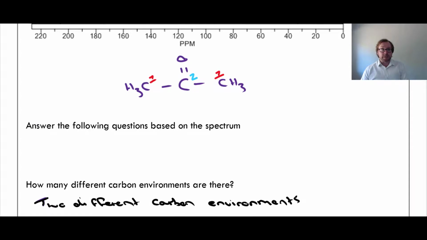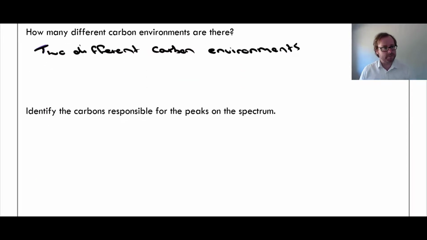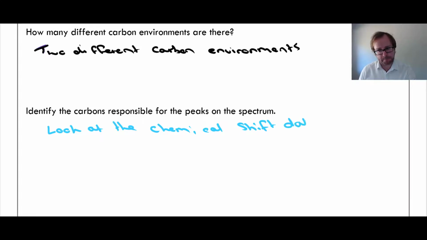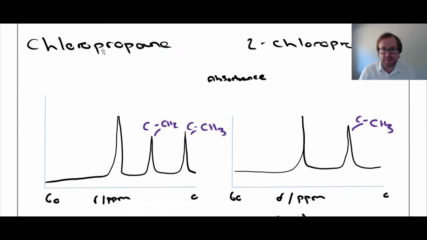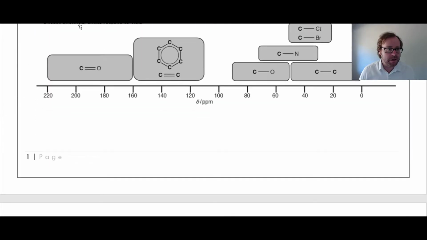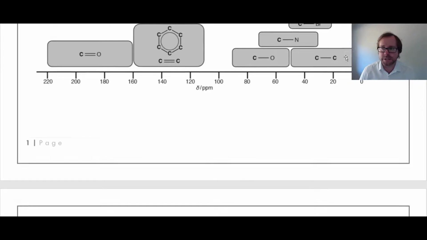Well, now I need to look at my chemical shift data, and you will find that the C=O peak, if I go all the way back up, is going to be shifted way downfield, between 220 and 160.